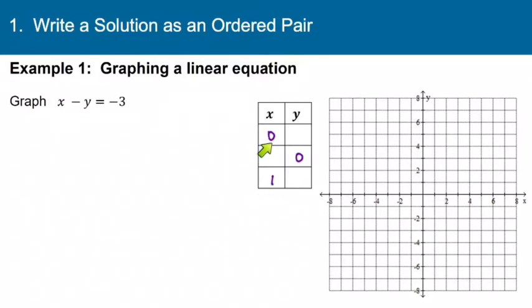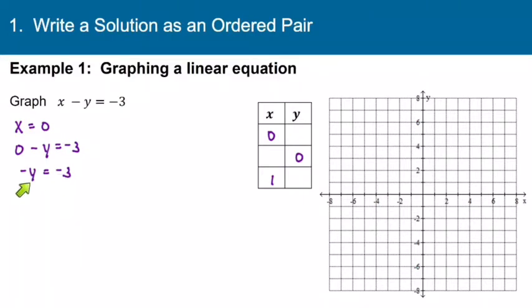Let's start with x equals 0. So if our equation is x minus y equals negative 3, and we plug 0 in the place of x, then we're going to get 0 minus y equals negative 3. And of course, the left side will simplify to just negative y. So now we have negative y equals negative 3.